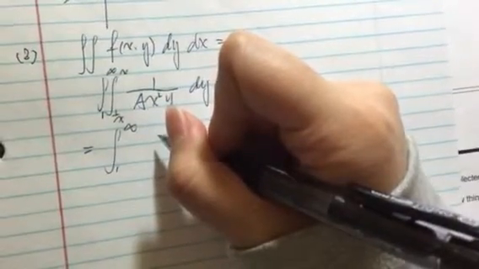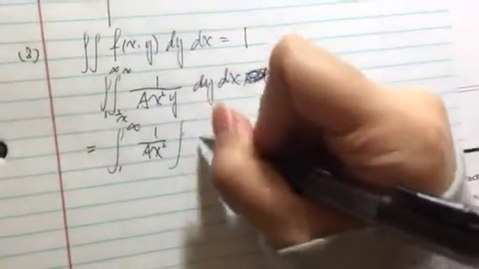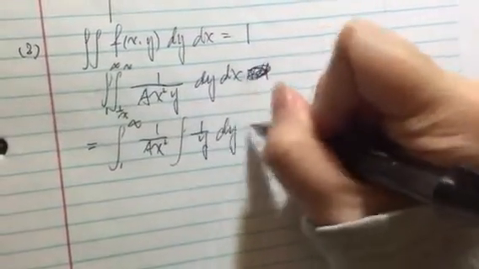Because we're proving it's 1. So let's do this. We take the inner integral first. y is the variable now, so we can think of a x squared as a constant, and we take it out of the integral, and we have 1 over y dy dx.